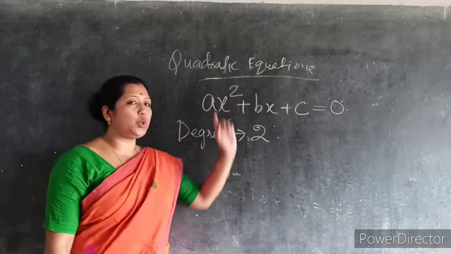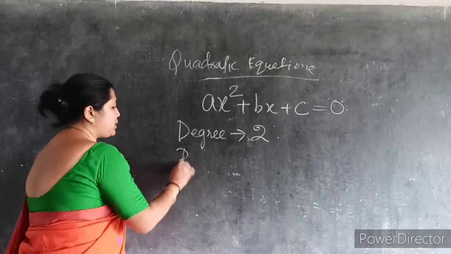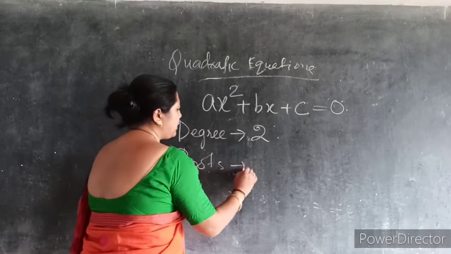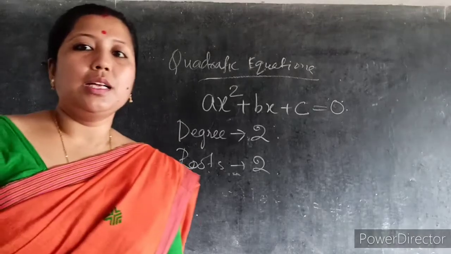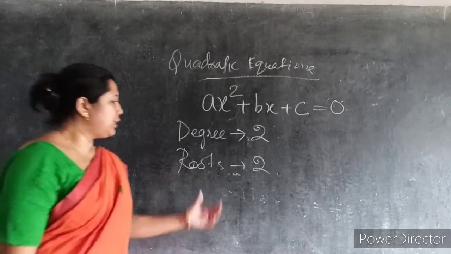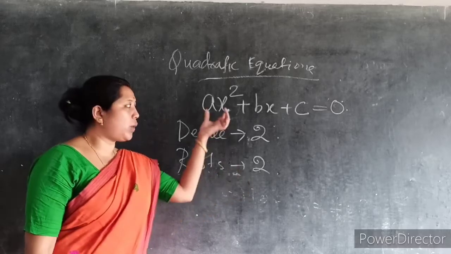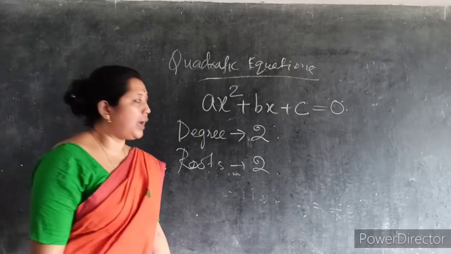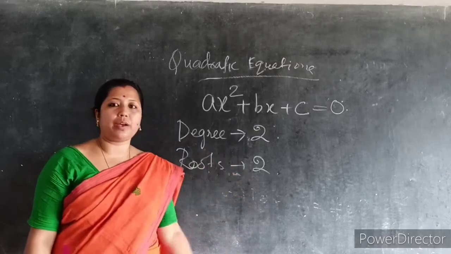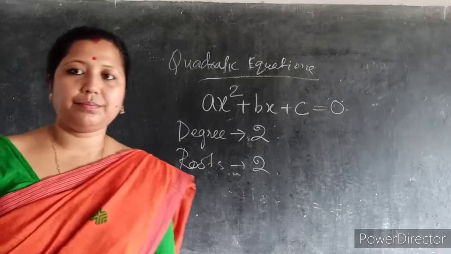The degree is 2, so how many roots will we get in the quadratic equation? That is 2. As we know there are 2 roots in this quadratic equation, let us learn how to find the roots of a quadratic equation.